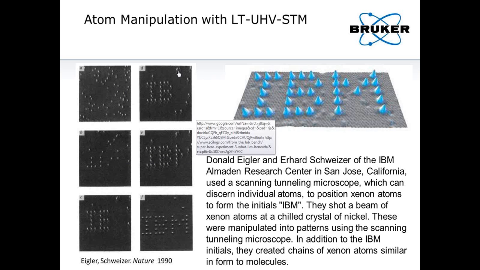Using an STM tip, you can move xenon atoms around and put them into different places to spell out letters. This is done by Eigler at IBM, and he spelled out IBM, and it's quite amazing. That's 1990. So you can manipulate.